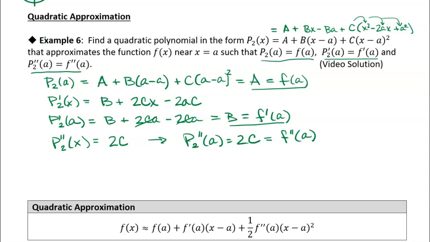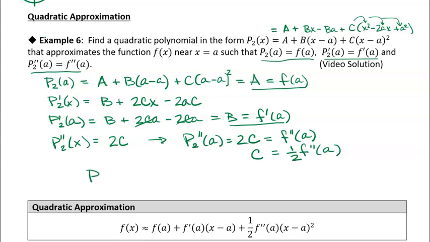So I need c, so I'm just going to divide both sides by 2, and I get c is equal to 1/2 times the second derivative at a. All right, so we have A, we have b, and we have c. They're all in terms of the derivatives of the function f at a.